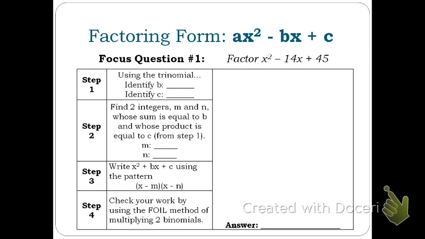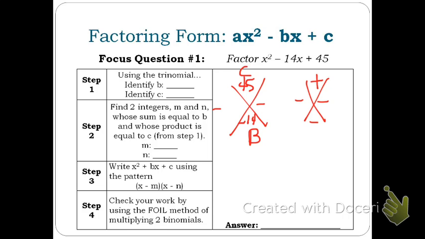So let me demonstrate a few of them for you. Once again, we make our X. We need to know our C and our B value. Our C value is positive 45, but our B value is negative 14. So that means we have the scenario of positive over negative. That means we need both negative numbers as our factor pairs whose sum would equal 14.